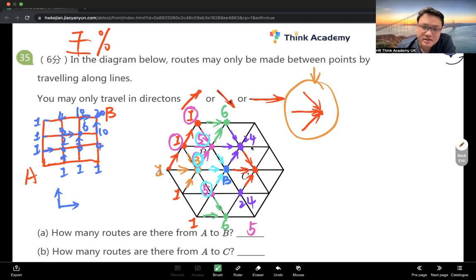You need to add these 3 numbers together, because you're going to go from those 3 spots to C, and the total ways to get to C will be 24 plus 24 plus 13. That'll be 48 plus 13, so you got 61. So the answer to the second one will be 61 different ways.